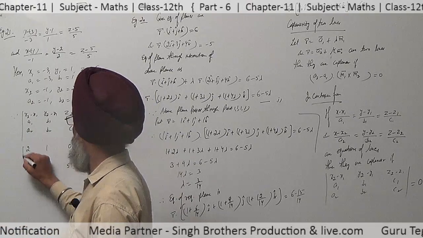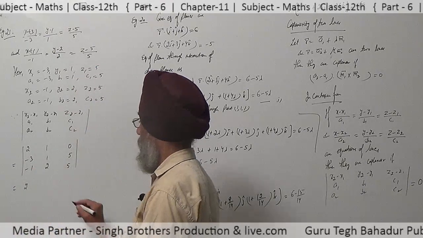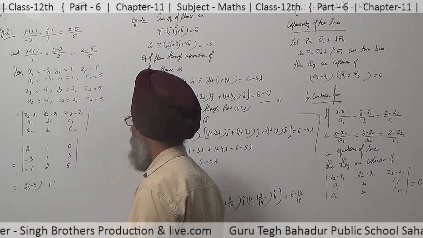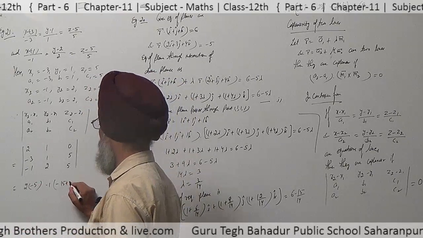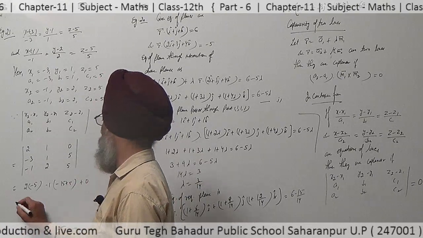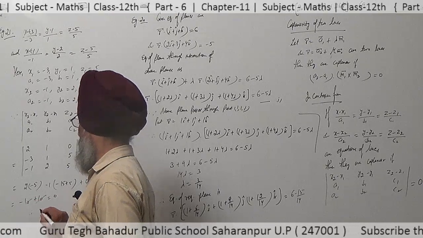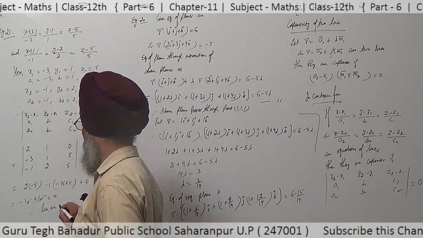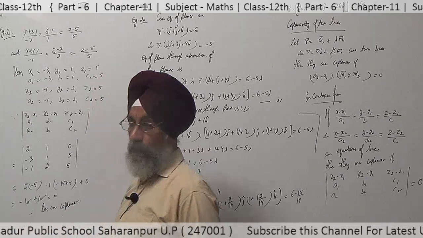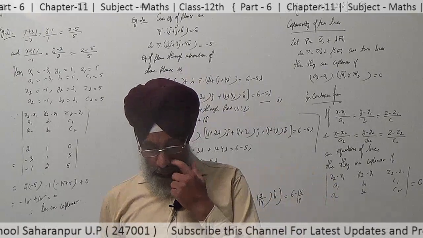That is 2 times (5 minus 10), which is minus 5, minus 1 times (minus 15 plus 5), plus 0 into something is 0. It's minus 10 plus 10, the answer is 0. It implies the lines are coplanar.